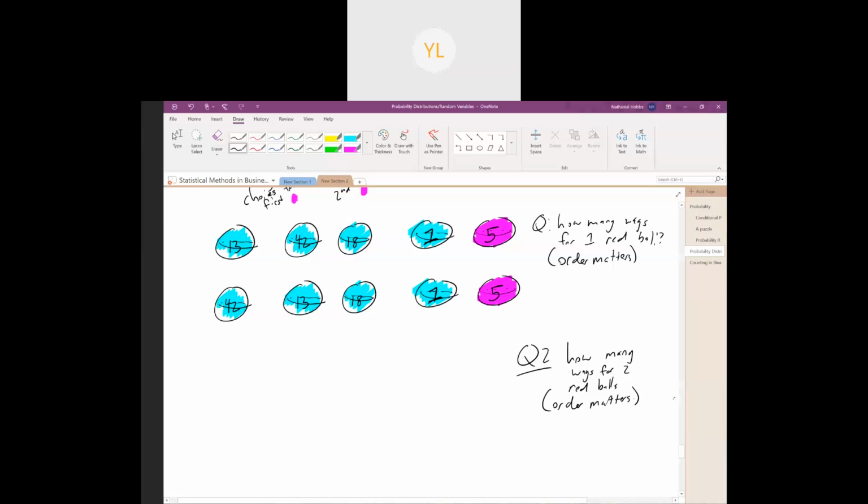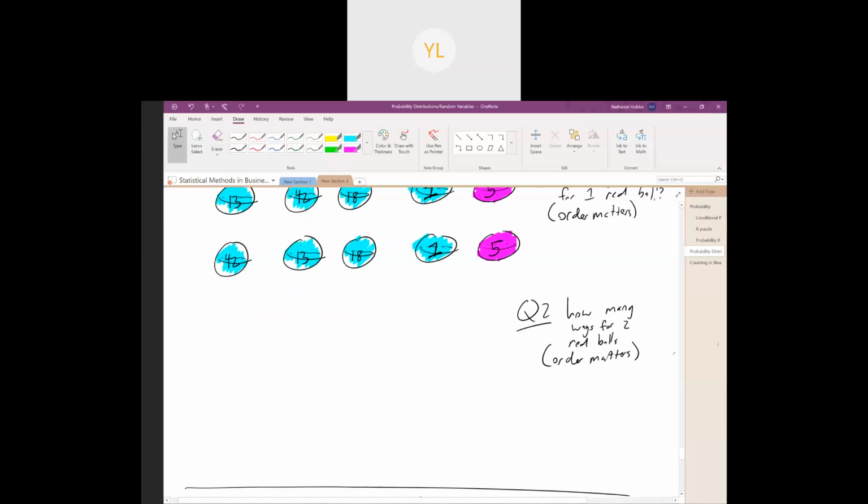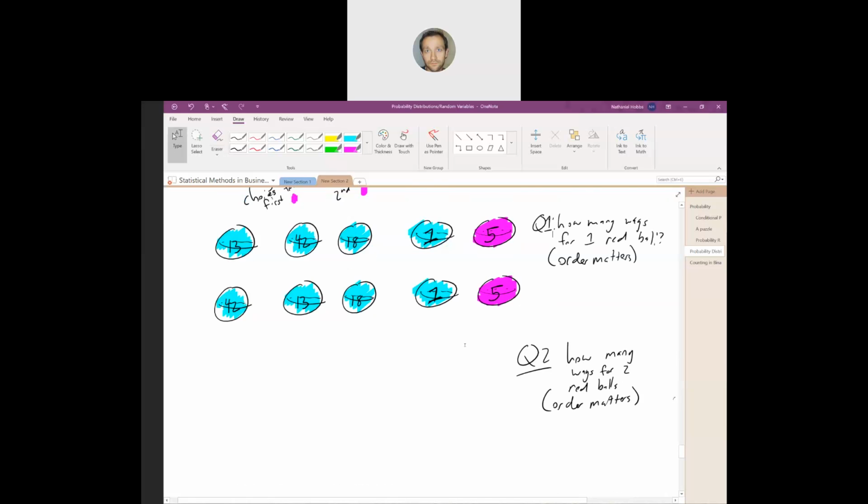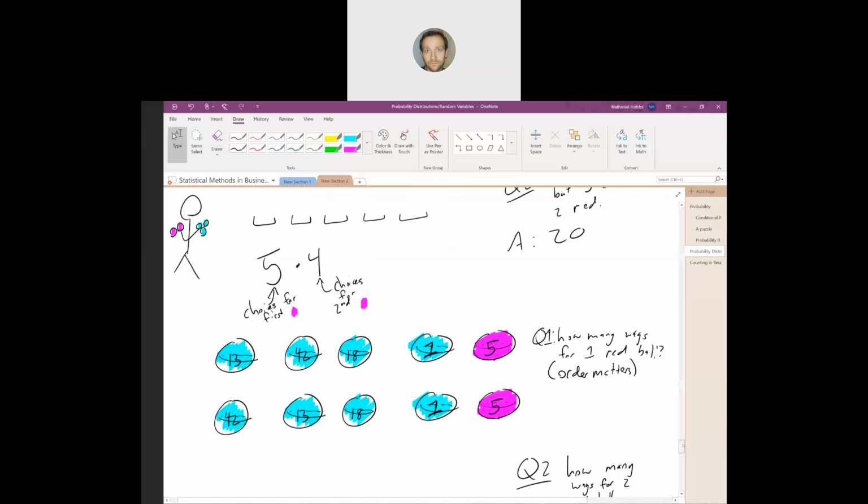Any ideas for the first question? You could use the same man holding balls picture if you like, or any other way you like to think about it.